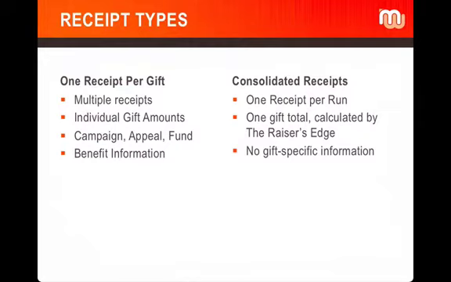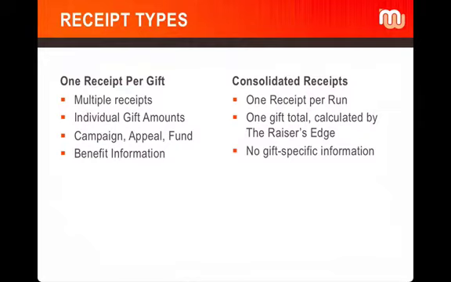So if I accidentally have my 2012 gifts and my 2013 gifts, it's going to throw them in one run, which is not necessarily a good thing. So just be aware that it's going to take any gifts up to that point which qualify under that parameter file, and throw them into one receipt.